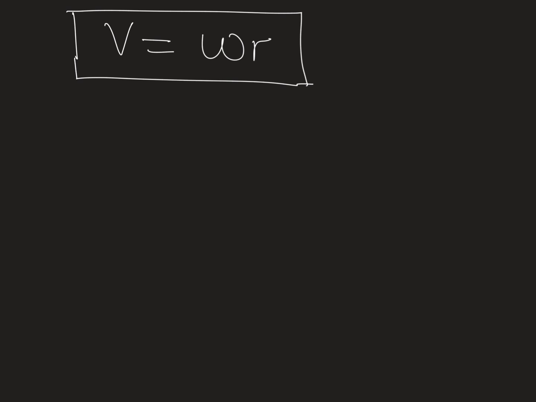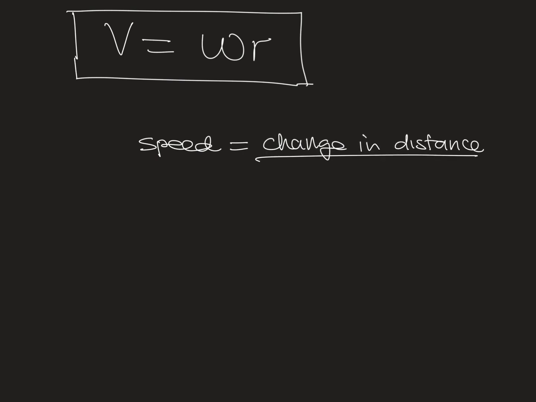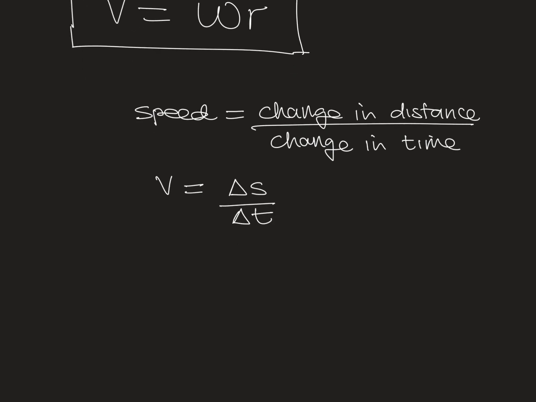To have v is equal to omega r, we can use speed is equal to change in distance divided by change in time. That is, speed is equal to change in s divided by change in t.